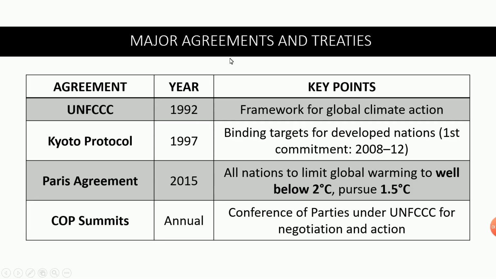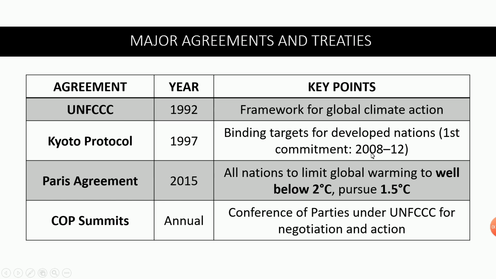So there are certain agreements and treaties throughout the world in various years. First is the UNFCCC in 1992. Its key point is the Framework for Global Climate Action. Then the Kyoto Protocol, which was formed in 1997, with binding targets for developed nations.